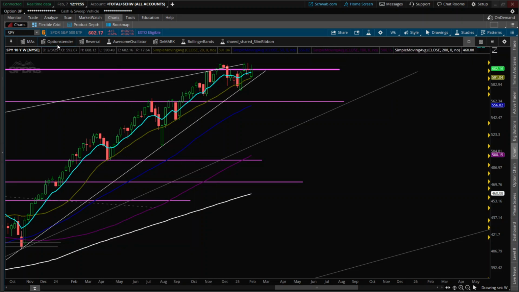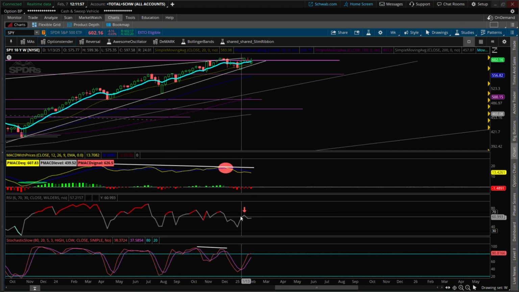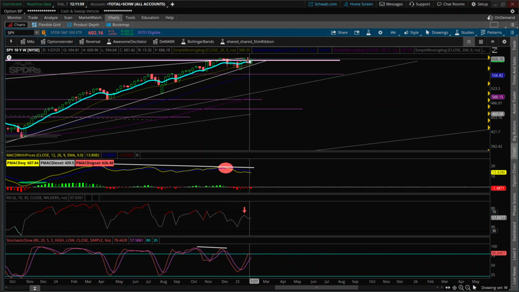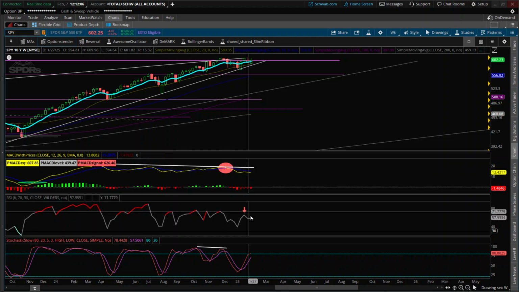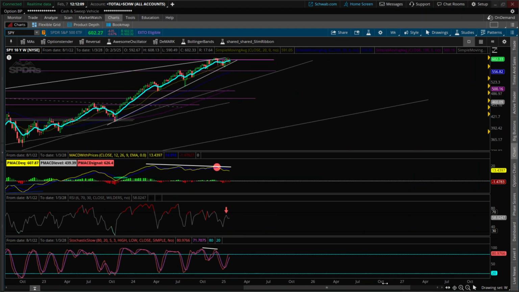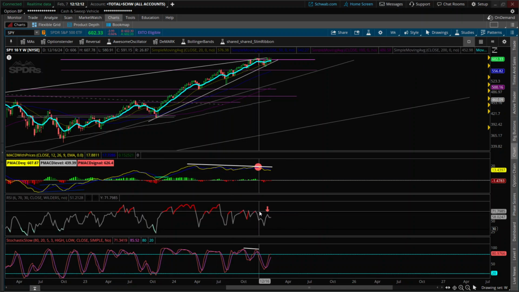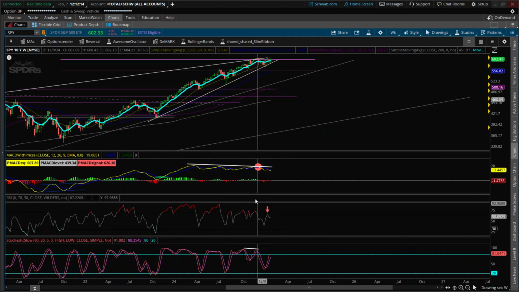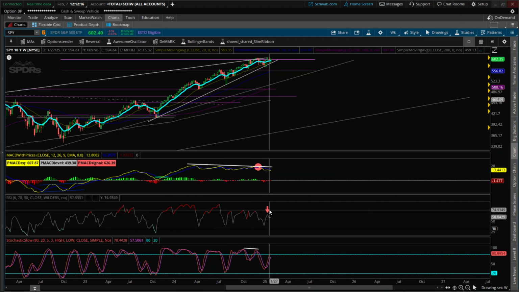All right, so looking traditionally, we had resistance right above here, and then we made a new high here, which created a divergence. Just a huge negative divergence building up here, and I think it's starting to play out.